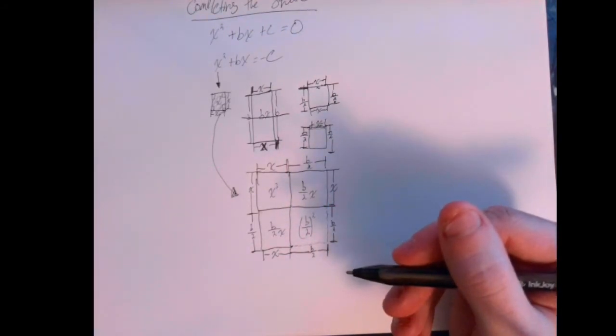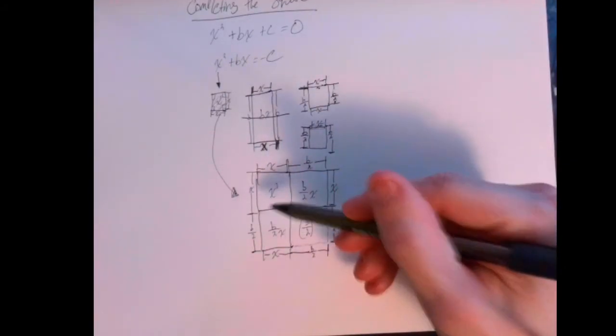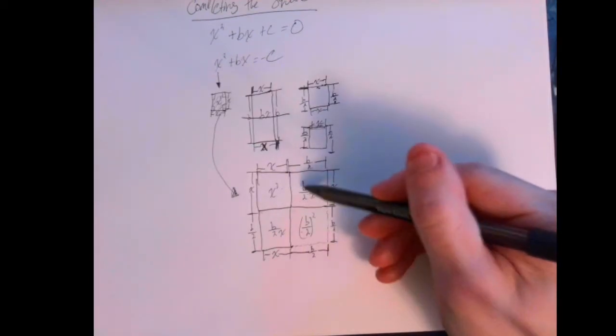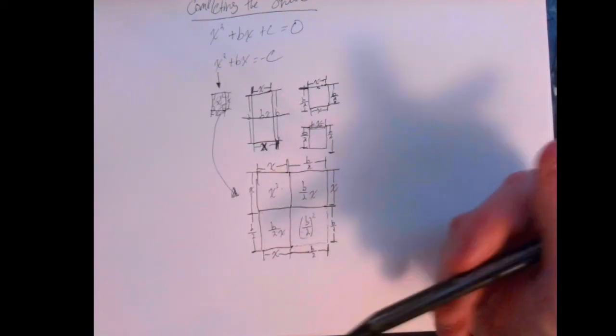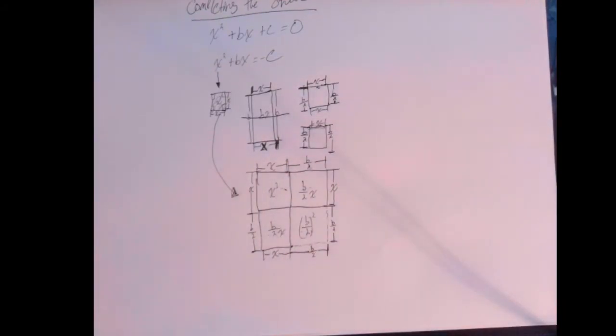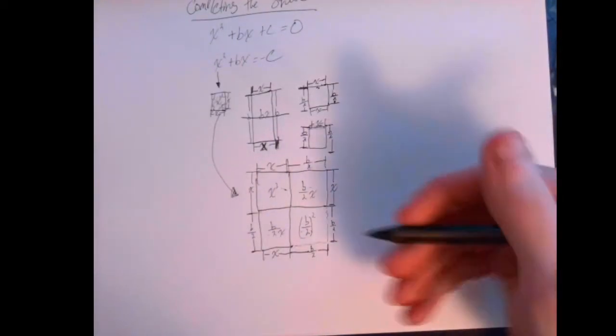So now from here, we know that if we add up the area of this square and these rectangles, we will get the same thing as if we just multiplied this side by this side. So let's do that.